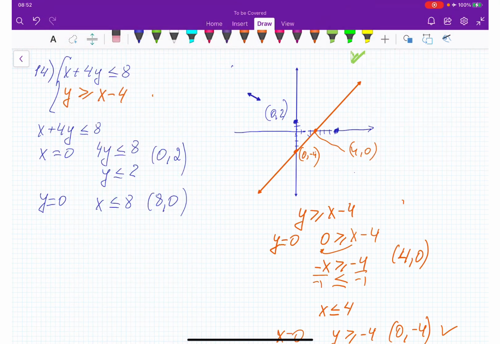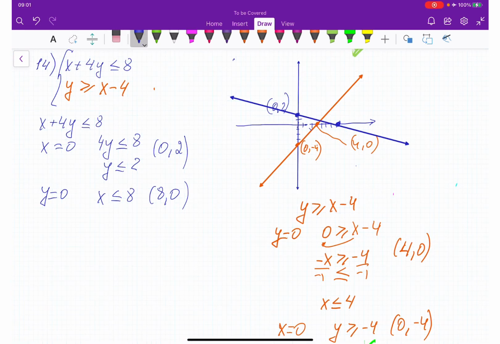Going to go like this. Okay. So this is the second equation, blue color.